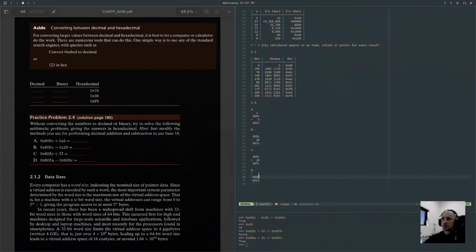Now it's 1A. Is that how you do it? So 1A minus C. So it'd be D, E, F.